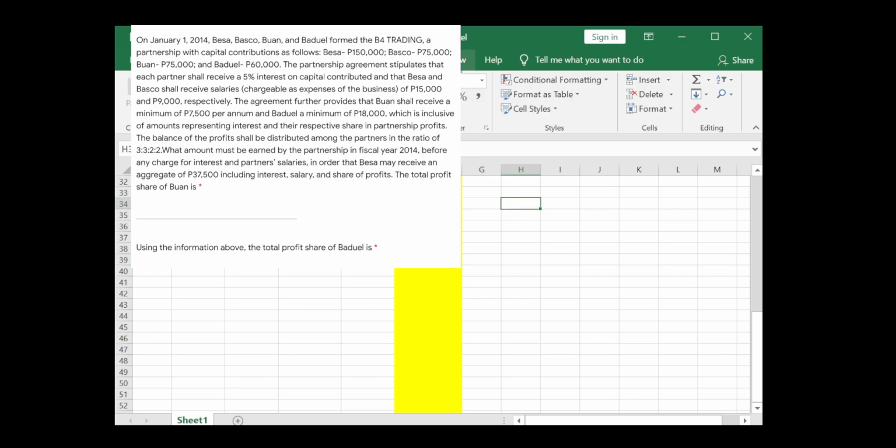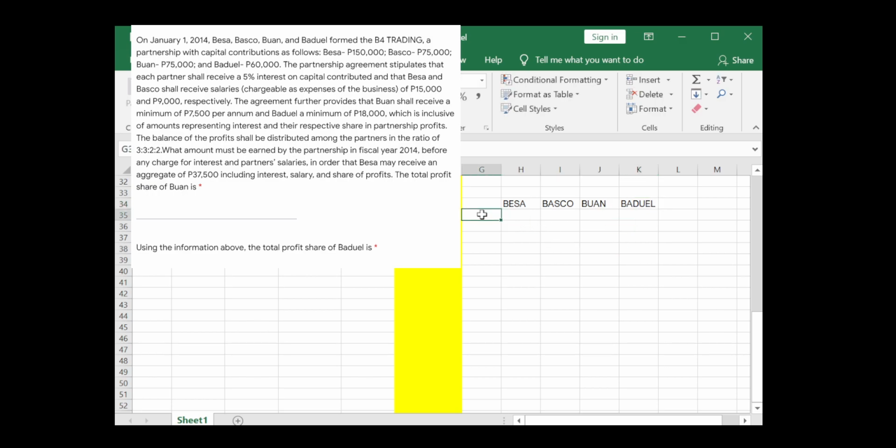Again, the first question is how much or what is the amount that must be earned by the partnership in the fiscal year 2014? So, para makuha yung sagot na yan, plot muna natin lahat ng given. So, we have Besa, Basco, Buan, and Badwell. Ayan.